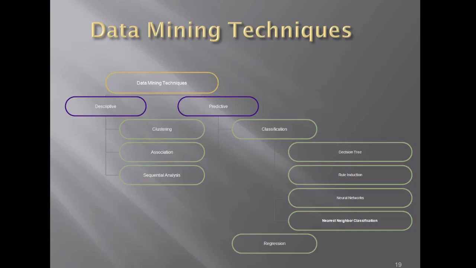In predictive data mining, we have classification, which includes using techniques such as decision tree analysis, rule induction, neural networks, and nearest neighbor classification. And the other style of techniques that's used are regression techniques.